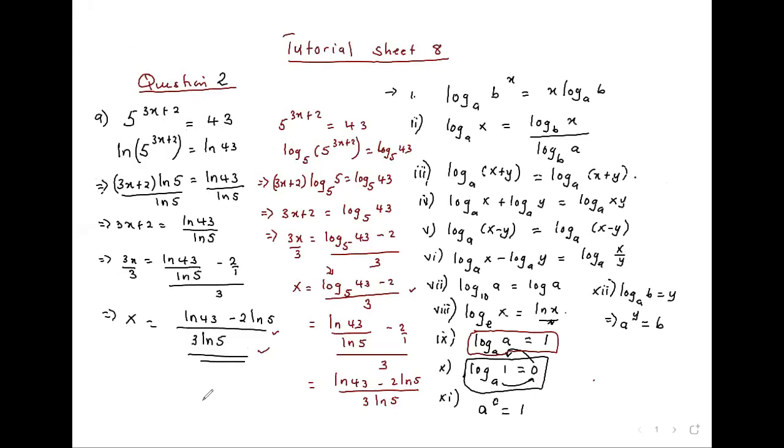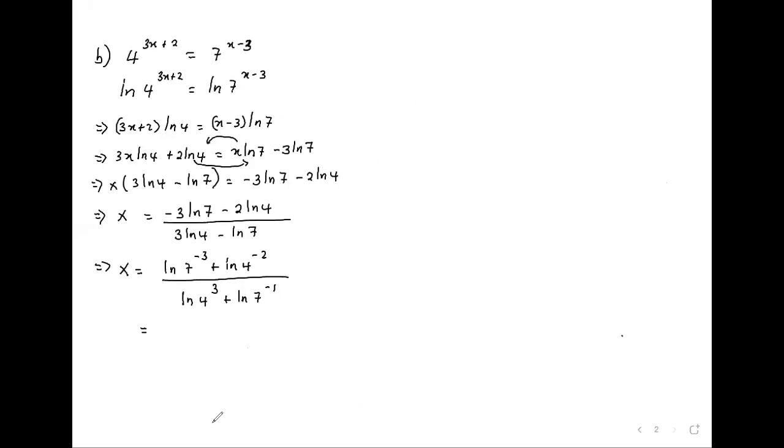And then apply this property here for both, so that you have ln of 7 power negative 3 multiplied by 4 power negative 2, over ln of 4 power 3 by 7 power negative 1. And then 1 over 7 cubed by 1 over 4 squared.